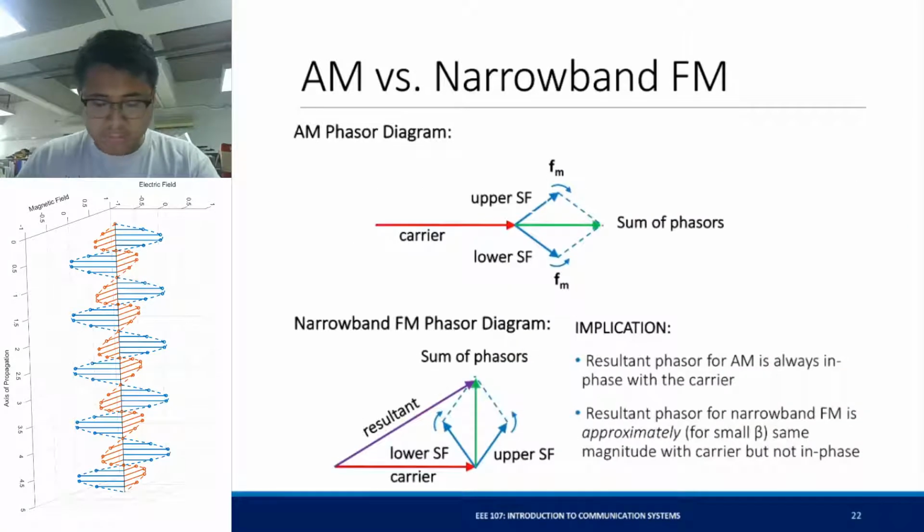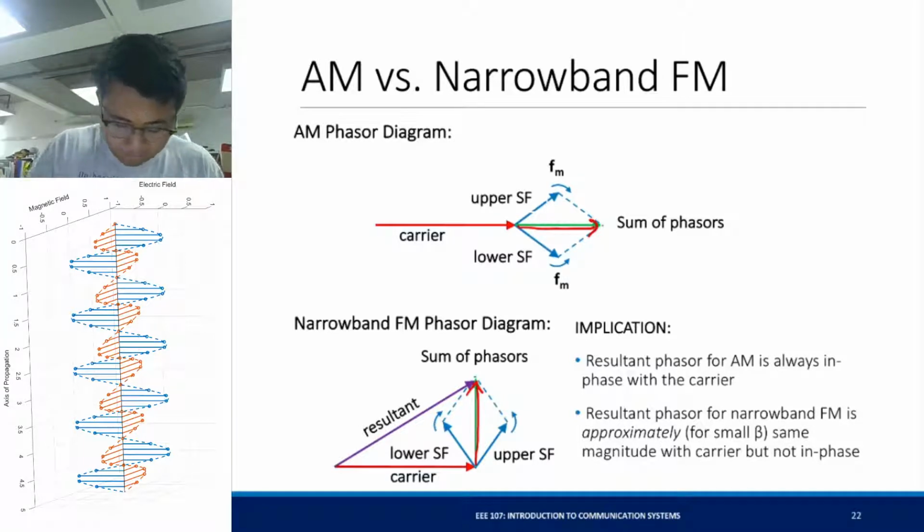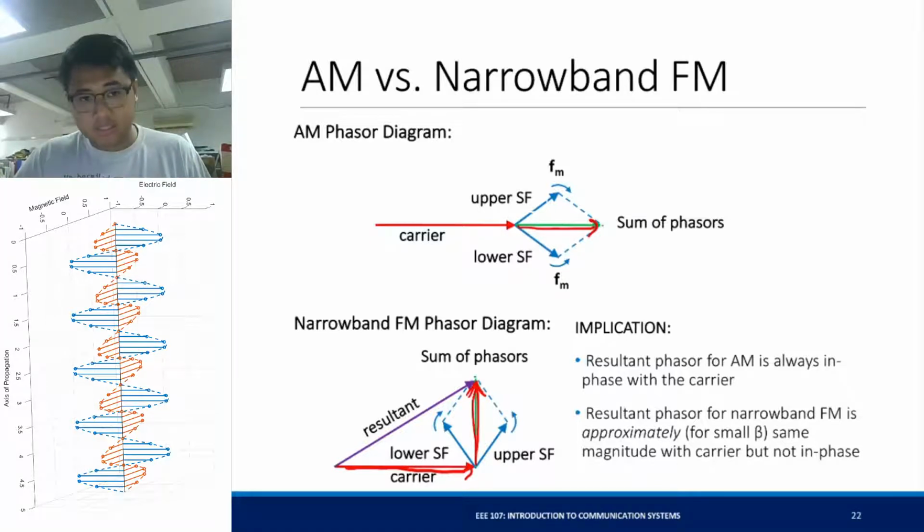However, there are differences in their phasor diagrams. So as you can see here, your message signal is in phase with the carrier signal for AM, but for narrowband FM, your message signal is out of phase by 90 degrees. So that would mean that the carrier power and the message power would be approximately equal.